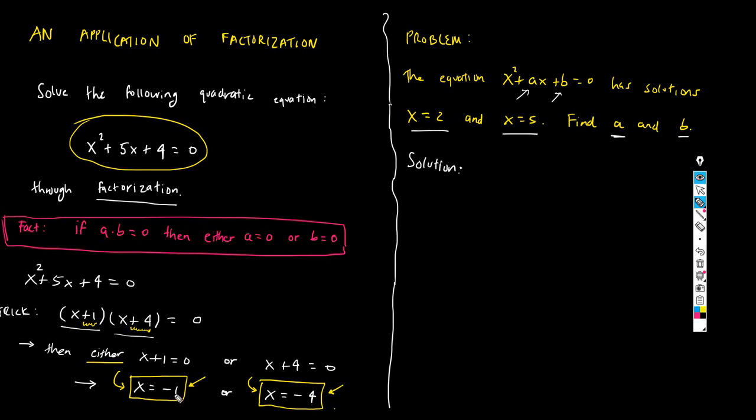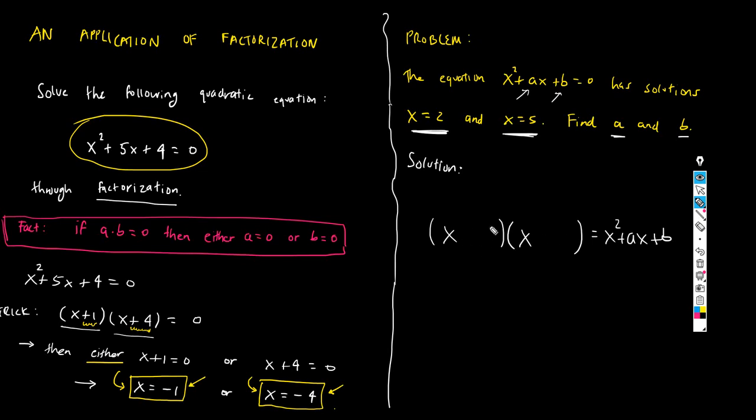So these two solutions must be the negatives of the terms of the same two binomials that multiplied would give me this. Okay, these two are the negatives of these two terms.